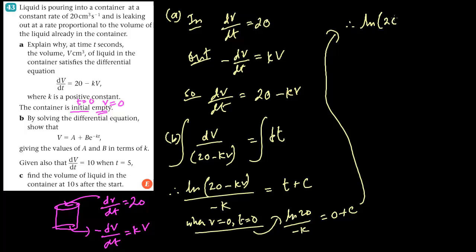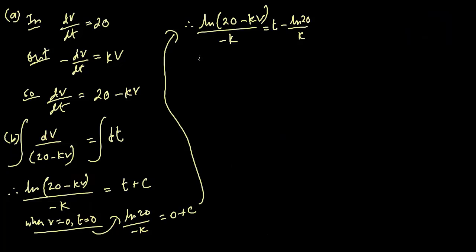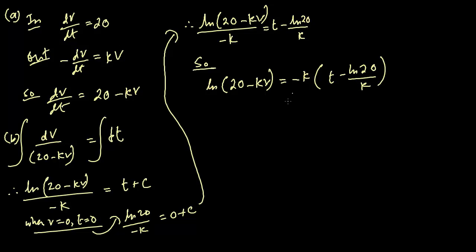Therefore, ln of 20 minus kV divided by minus k equals t minus ln 20 over k. So we can multiply both sides by minus k. That would be ln 20 minus kV equals minus kt plus ln 20.